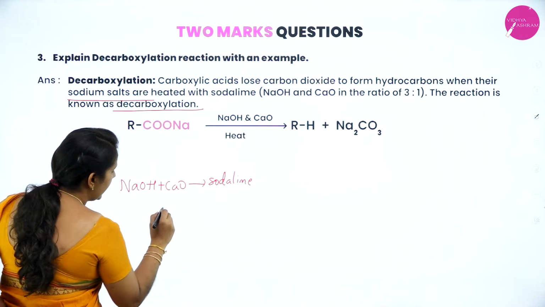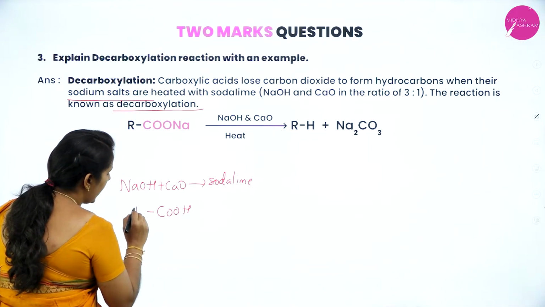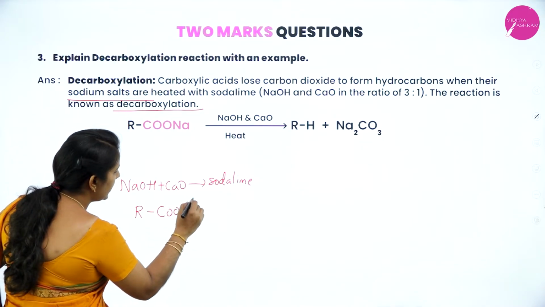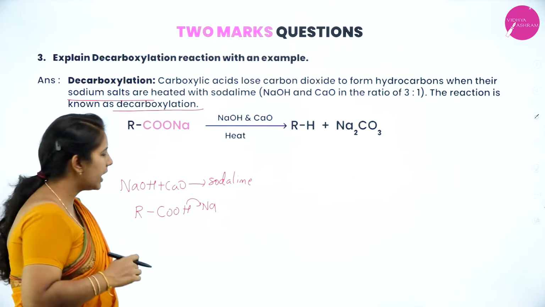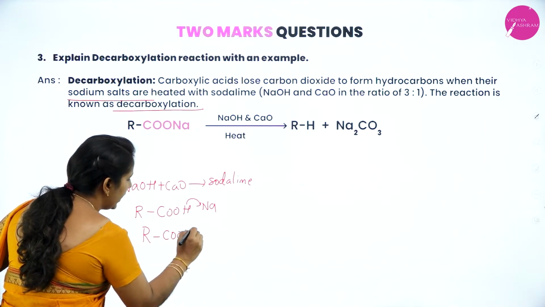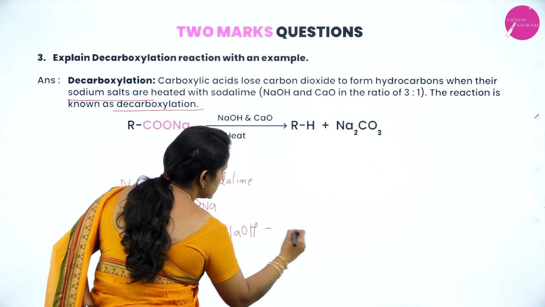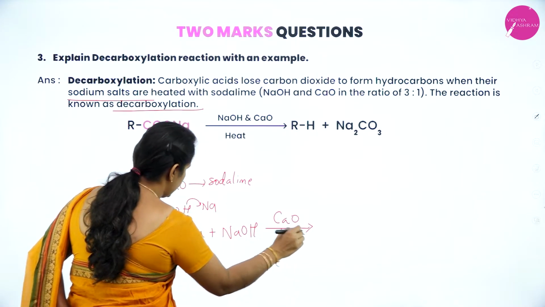We know that the carboxylic group is nothing but COOH, and it is always attached to R, that is the alkyl group. If I replace this H with sodium, then it becomes the sodium salt of carboxylic acid, and we can write this as RCOONa. With sodium hydroxide in the presence of calcium oxide, and when you provide heat, what happens?